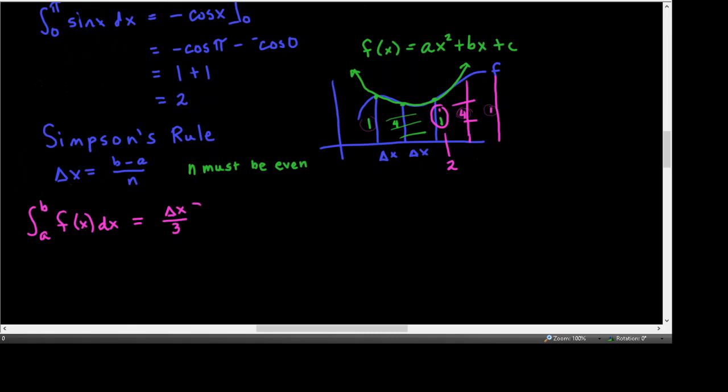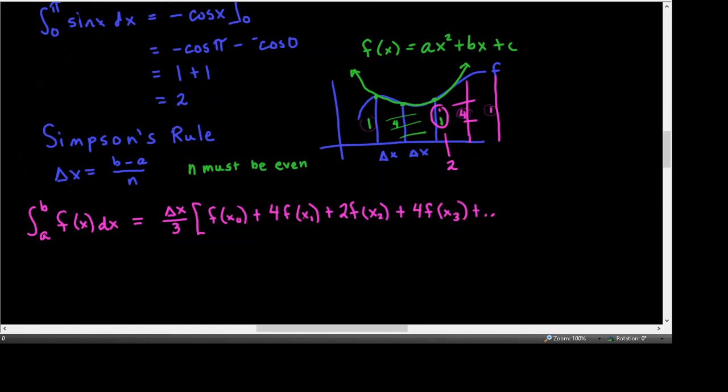Sorry to say that, but this is one of those where I don't want to spend the time developing the idea. So we'll use the first y value, f of x sub 0, once, the next one 4 times, the one after that twice, the one after that 4 times, then twice, then 4 times, then twice, then 4 times, twice, and 4 times, etc.